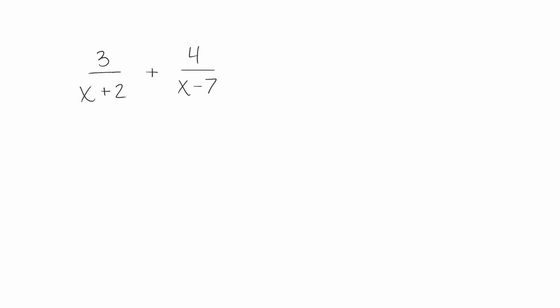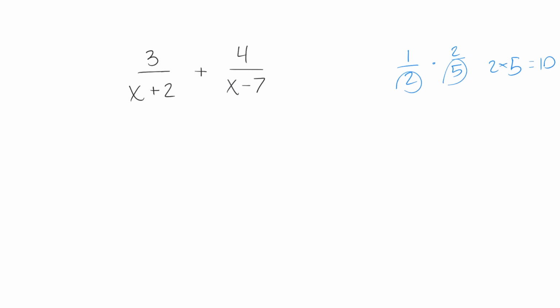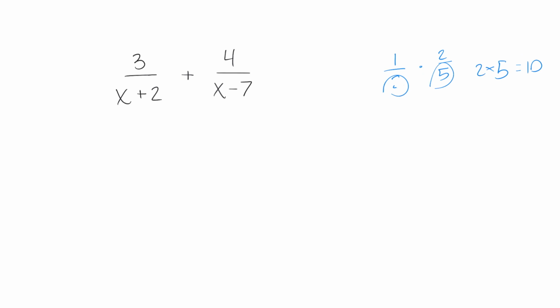So remember, when you've got two numbers that have nothing to do with each other, like 1/2 times 2/5, a 2 and a 5 don't have anything to do. So what you do is you multiply them together, right? And you get 10. So over here, on that same line of thought, all we can do is multiply these together. X plus 2 times x minus 7, right?